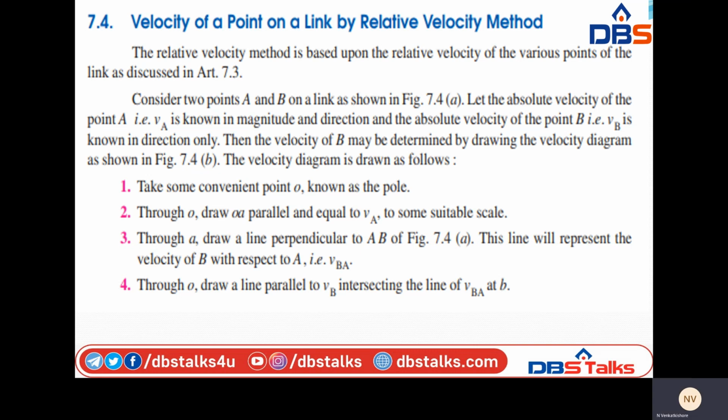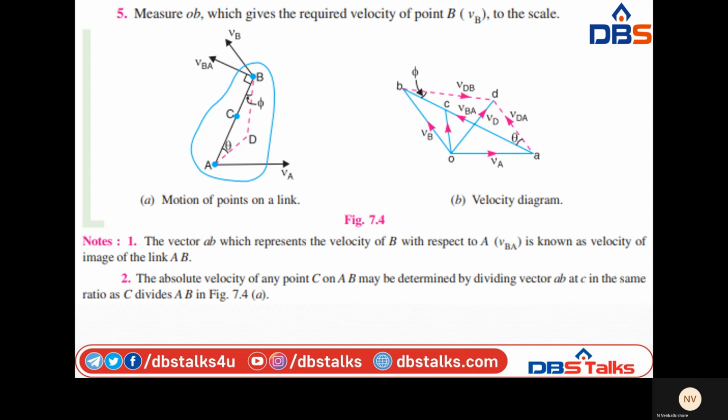So AB is here in figure A, the motion of the points on the link. For that, firstly you need to draw a perpendicular line using a drafter. For AB, the perpendicular is the VBA direction. In the same way, proceed with the VAB or VBA vector in the velocity diagram.